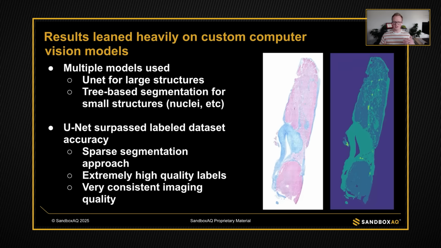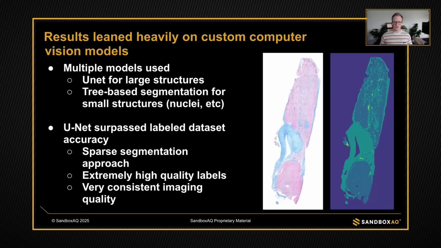And these are very similar to things we use at SandboxAQ and the AQMed team. We build some of these complex and custom computer vision models in order to help us analyze or extract data from very large data sets. And this particular example is one that I'm super excited about, that I really loved, because we were able to use multiple models in conjunction, so we used a UNet in particular, we'll talk about that.